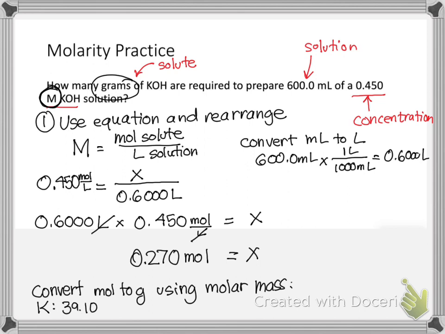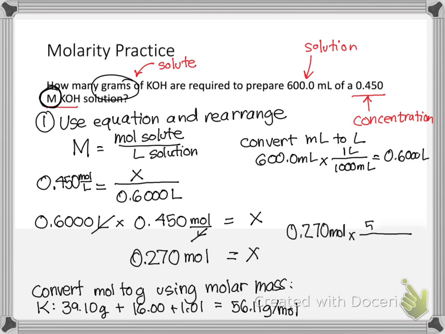K is 39.10 plus we have 1 oxygen, which is 16, and 1 hydrogen, which is 1.01. It's easy when there's only one of each. 56.11 grams per mole.